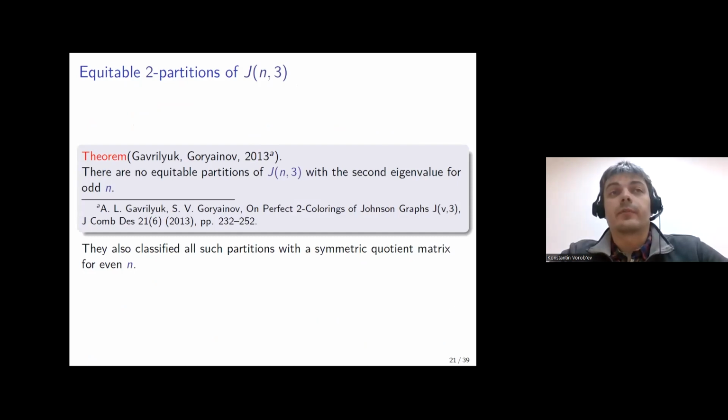They showed that there are no equitable partitions of Johnson graphs J(n,3) with the second eigenvalue, but only for odd n. Also in that paper, they classified all partitions for even n, but only for symmetric quotient matrices. So it means that the only open case here is when n is even and the quotient matrix is not symmetric.